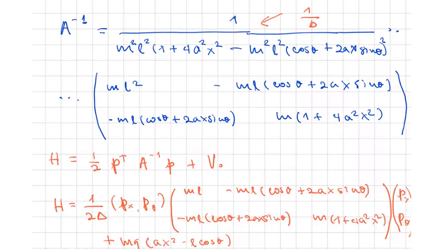So now we need to compute this expression to write the Hamiltonian in an easier way, in a way to calculate the Hamilton equations more easily. So we are gonna multiply this matrix with this column vector first.